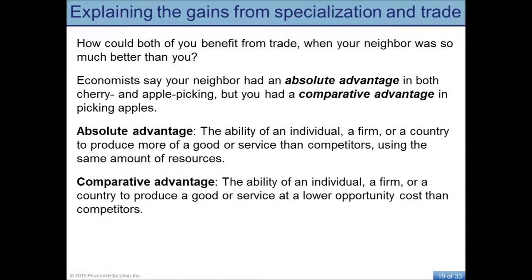But we had a comparative advantage because we actually have a better opportunity cost in picking apples than our neighbor does. And we're going to see why in the next slide, how that is explained. But that did not mean that just because our neighbor had an absolute advantage at both, that we didn't have a comparative advantage at one, such that our neighbor would be better off if we specialize in apples and they in cherries.